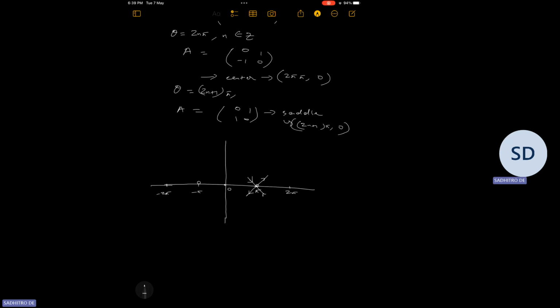And similarly for this point, also you have the 1, 1 direction as the unstable direction, and the stable direction is the minus 1, minus 1 direction. And the origin is a center, so the direction of the saddle orbits should tell you what the circulation about the center should be like.